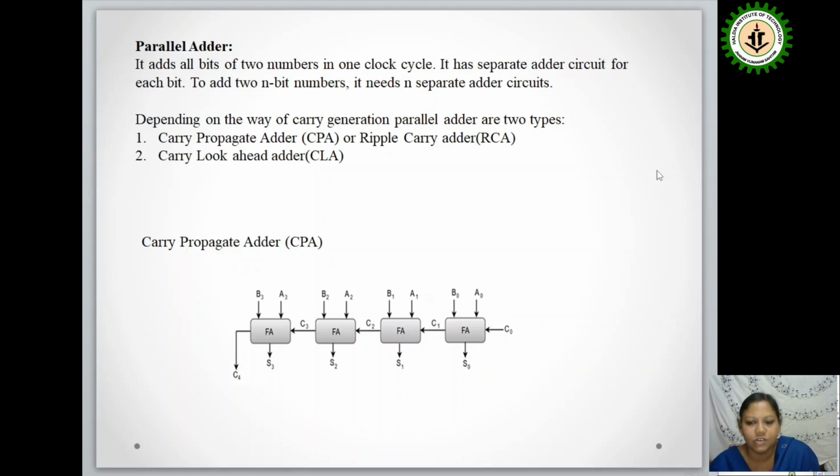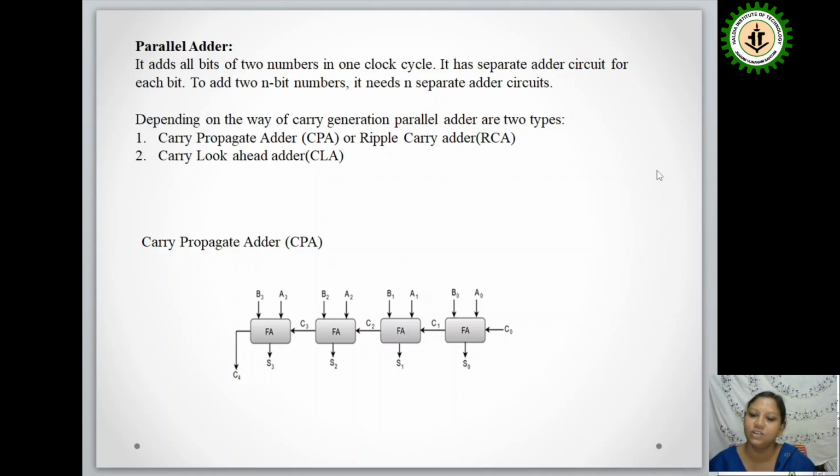For the first bit, A0 and B0 pass through a full adder, and the third input C0, the carry in, is initially set to 0, that is, no carry at the very first bit position addition.